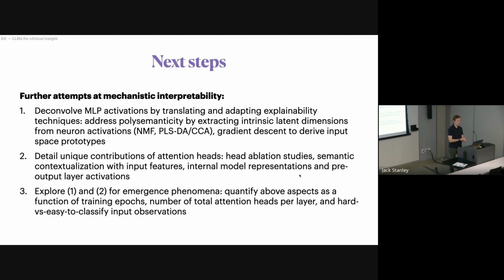Again, using things like non-negative matrix factorization or PLS or CCA, and then also using some gradient descent methods to maybe derive some prototypes in the input space. Like what is the most prototypical autism-specific sentence that clinicians use to identify an individual with autism.